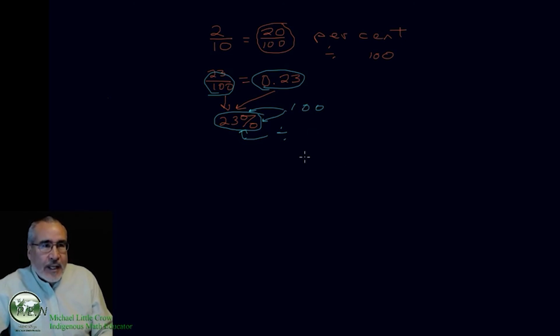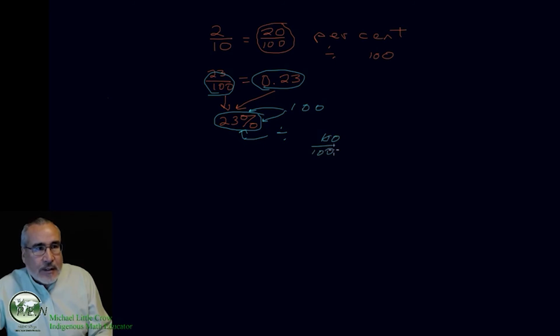Finally, when we're talking percent, what's complete? What do we have when we have everything? Well, we have 100 out of 100. That's complete. What if we were to increase by a certain percent? Say we increase by 23%. Well, that means we got more.